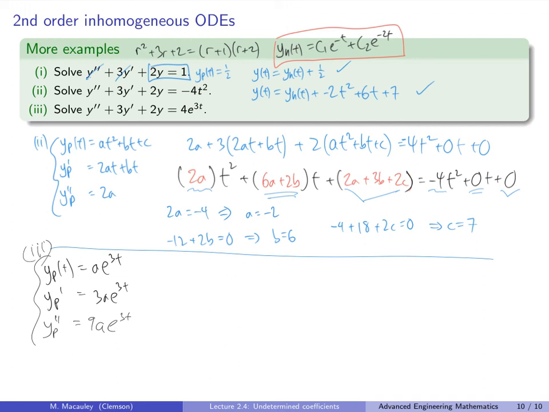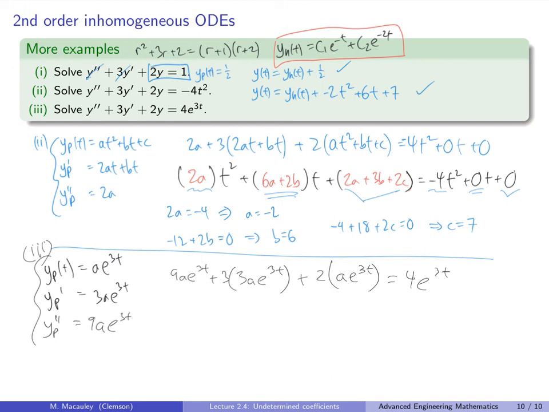So y double prime is 9a e to the 3t, plus 3y prime, that's 3 times 3a e to the 3t, plus 2 times y, which is a e to the 3t, equals 4 e to the 3t.